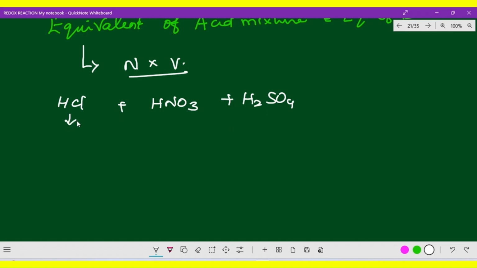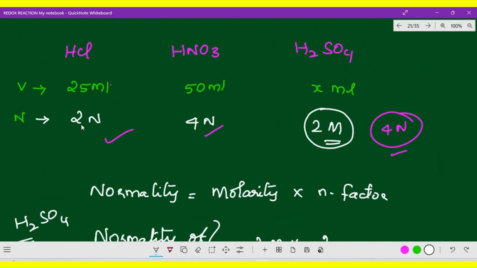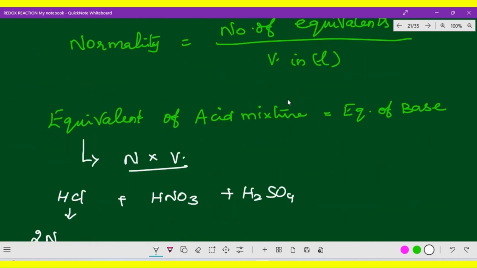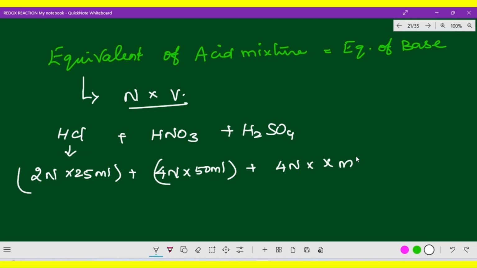Here the data I have written is 2N 25 ml, 4N 50 ml and 4N X ml. Now let us apply that. So 2N into 25 ml, plus 4N into 50 ml, plus 4N into X ml.